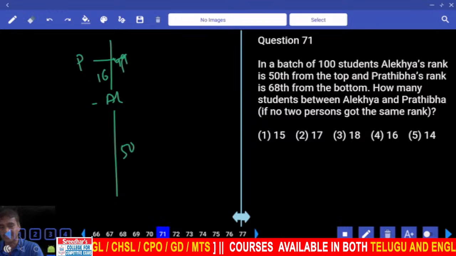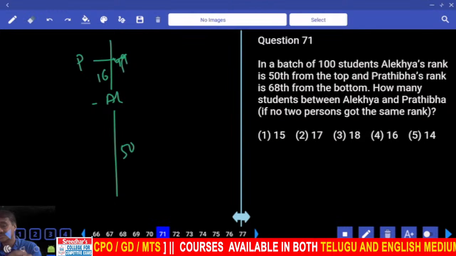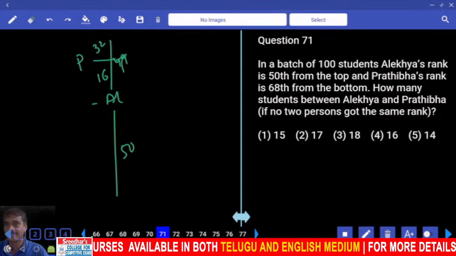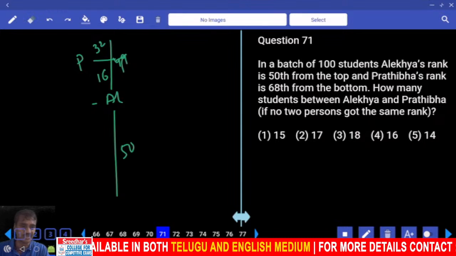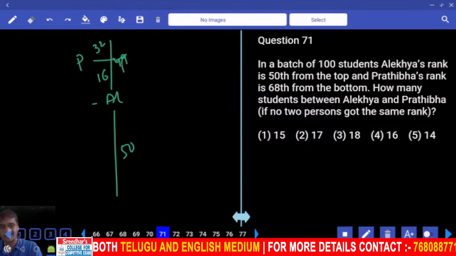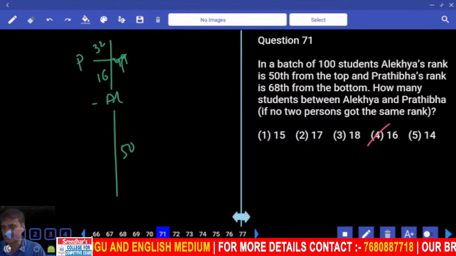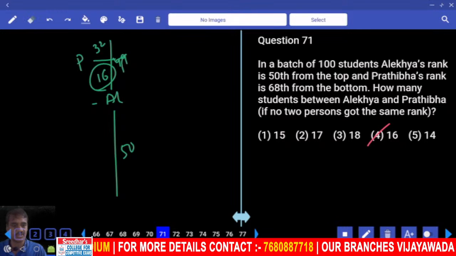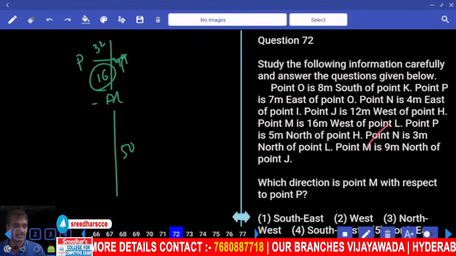And out of this 49, 16 plus 1, 17, and 32. Then how many students between Alekya and Pratibha? 16, that is choice 4. These are the 16 persons we have between. Done, choice 4, question number 71.